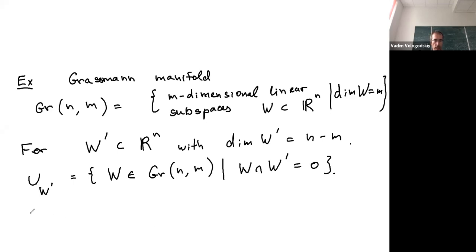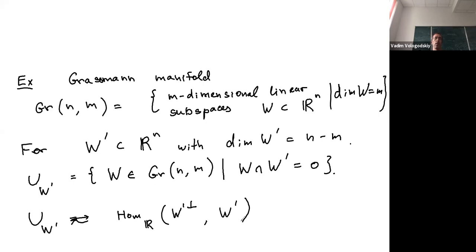So now let's construct a bijection between U_W prime and, well, canonically, this will be the space of all maps Hom over R, linear maps from W, from W prime orthogonal to W prime.